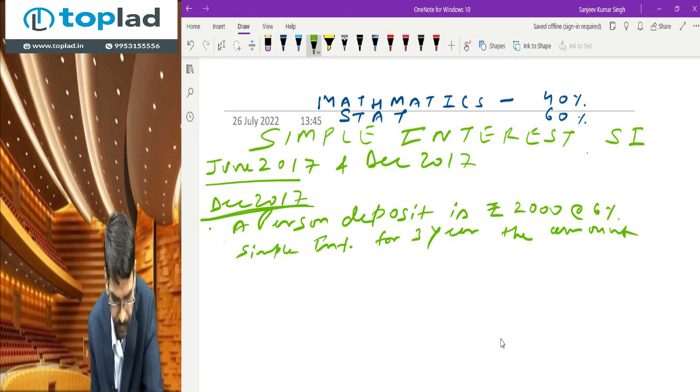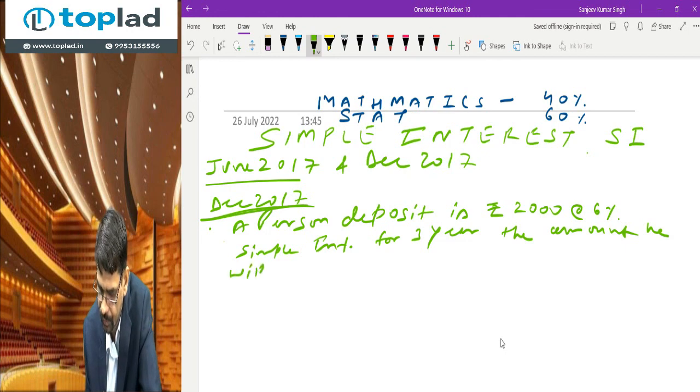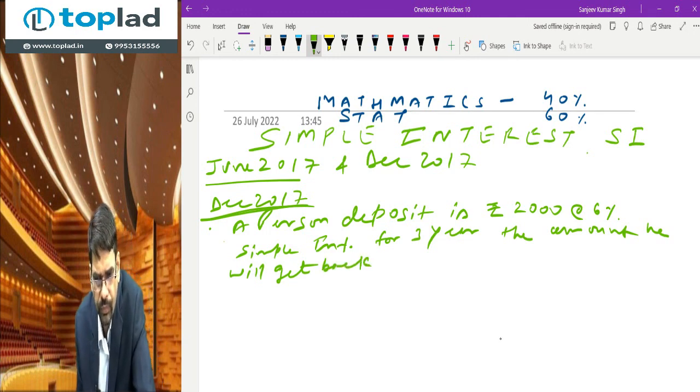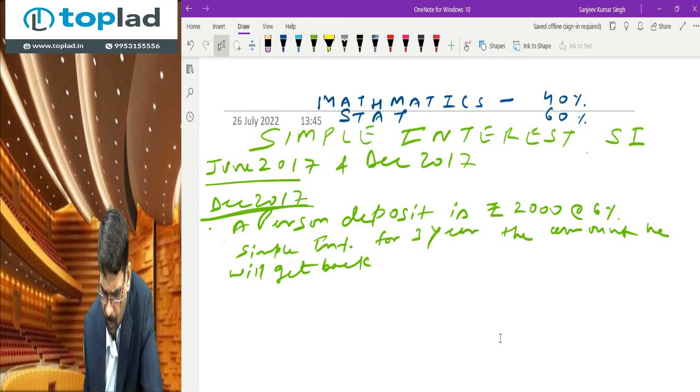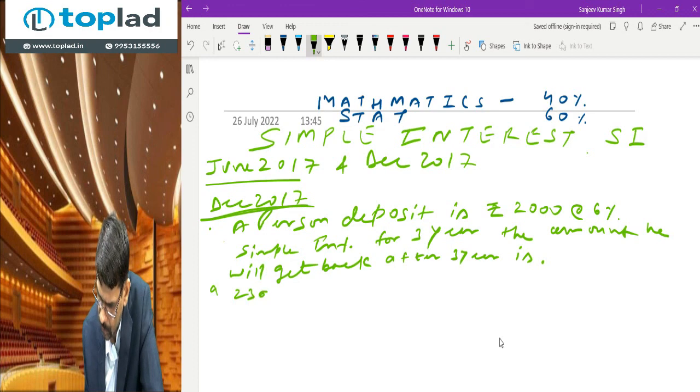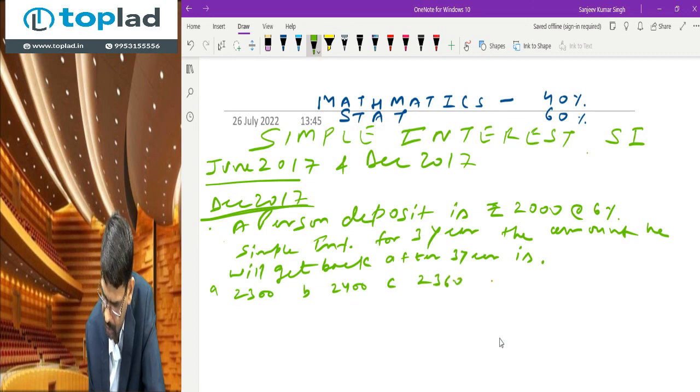The amount he will get back after 3 years is: option A 2300, B 2400, C 2360 and D 2350.